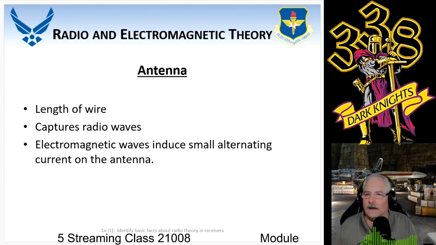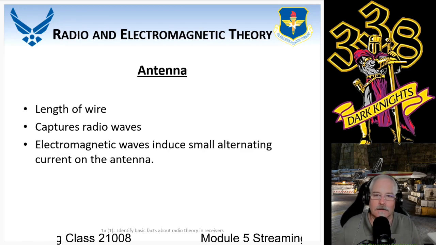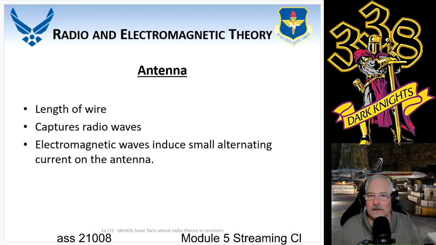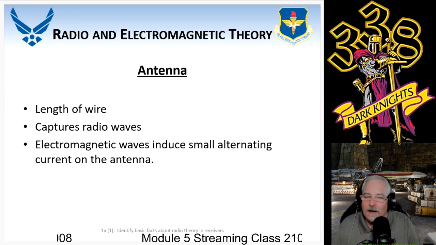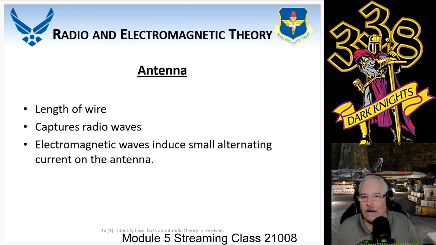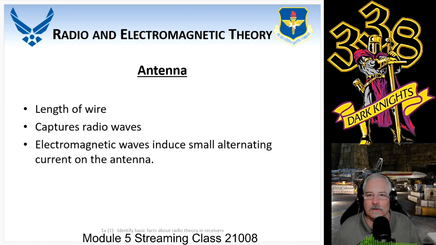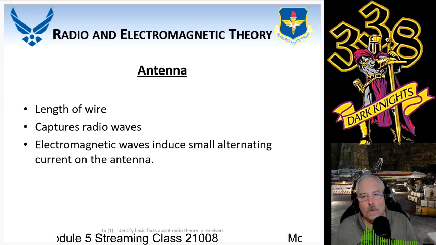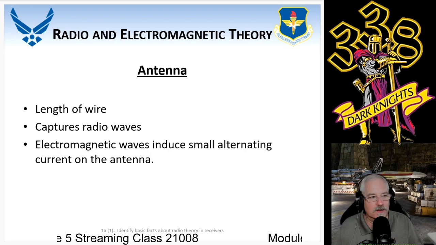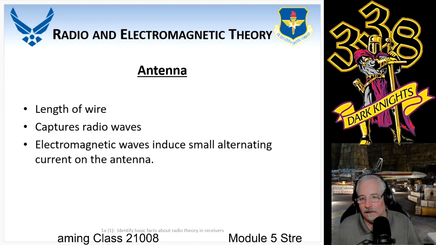How many people out there have seen vehicles going down the road that has a coat hanger for an antenna? Bring back memory? Yes, it works. A wire doesn't care. The only time a wire really becomes a potent part of the system is when you want to get a specific frequency. But for an FM radio that's in your car, a coat hanger will work.